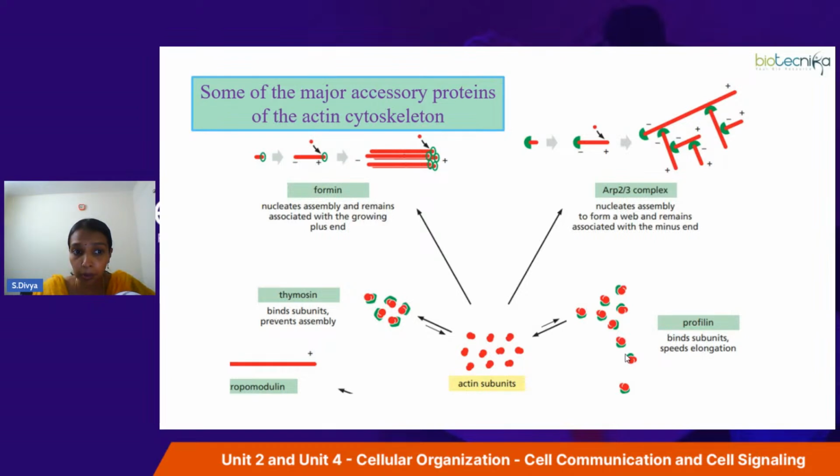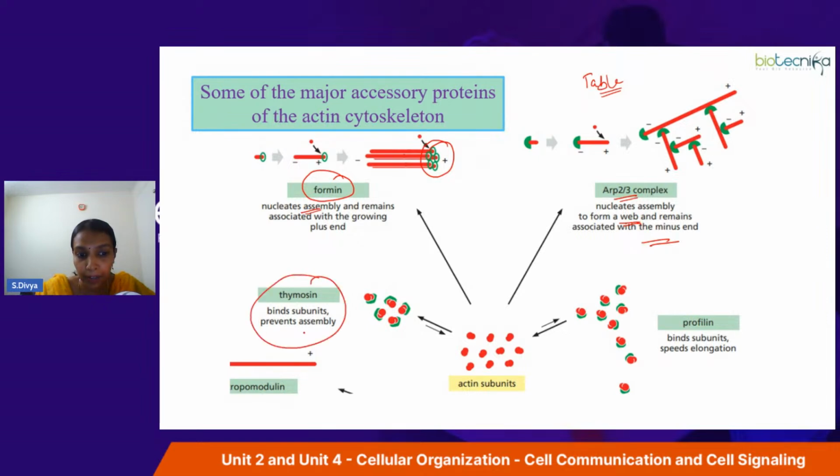For microfilament associated proteins, you have formin. Either you remember it in the form of images or in the form of a table. Create a table and you can remember. Formin helps in nucleation at the plus end. The ARP2/3 complex forms branches towards the minus end.